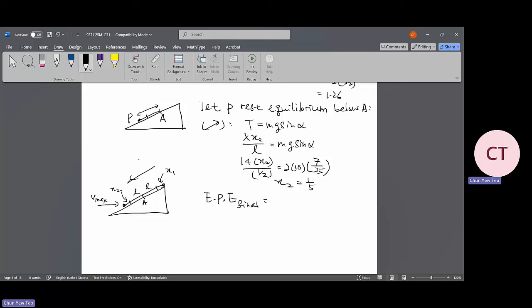That means when I reach over here, what is the EPE here? It will be lambda x2 squared over 2L. So it will be 14 and then 0.2 squared divided by 2 times 0.5. So this one is 14 multiplied by 0.2 squared, and you get 0.56.